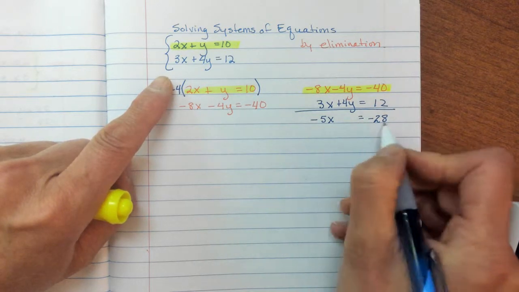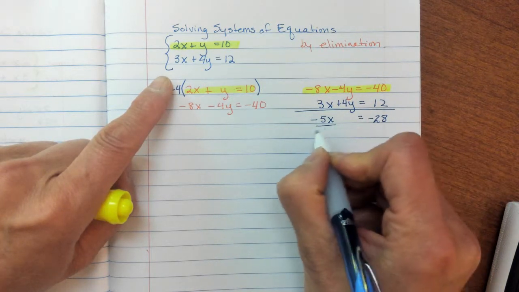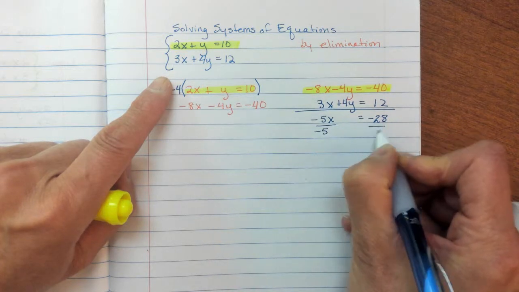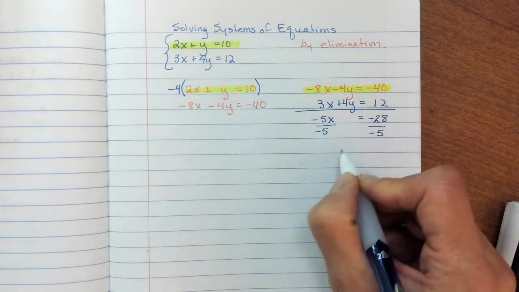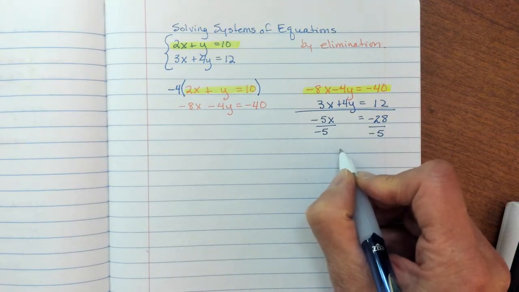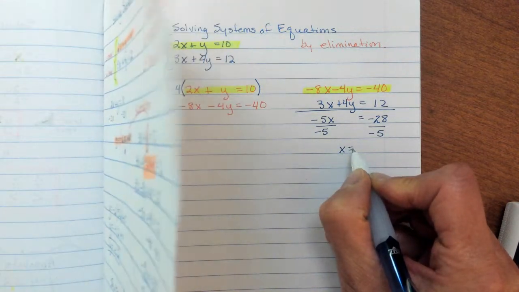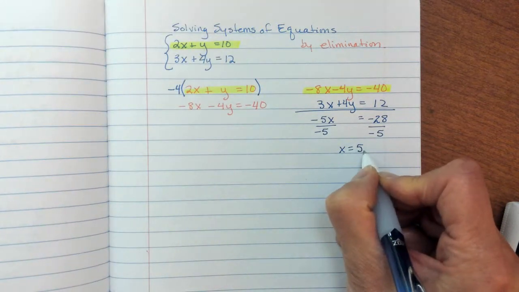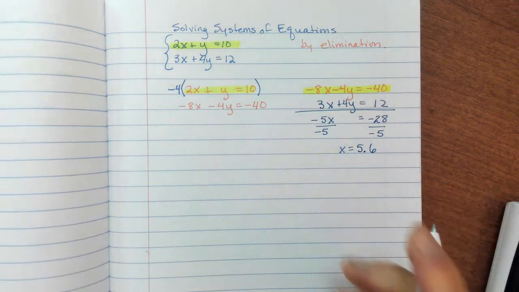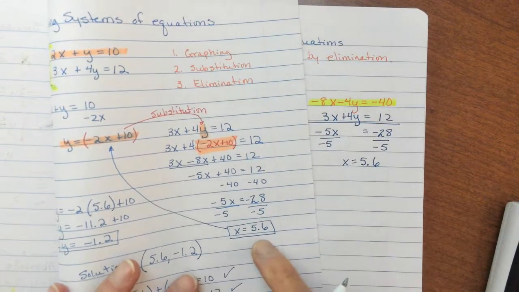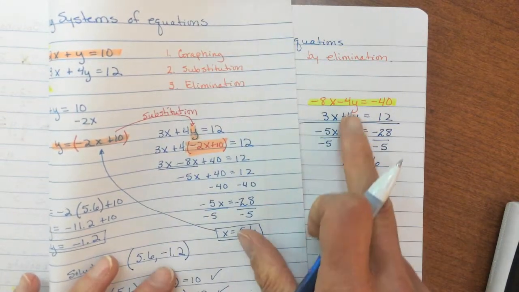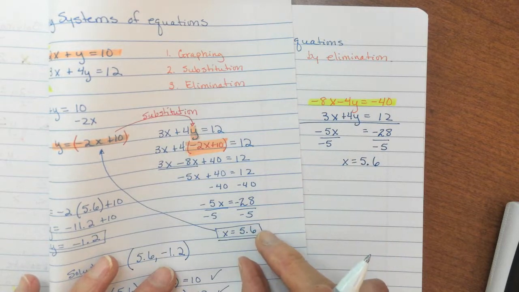So now I'm going to solve for x. I'm going to divide both sides by -5. And then I end up getting x is 5.6. And that was the value that we had gotten on the previous page. So you can see by elimination, sometimes it means doing less work.